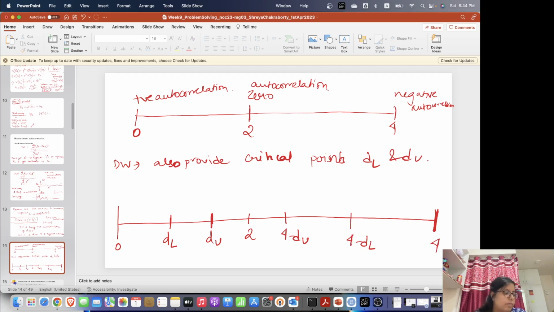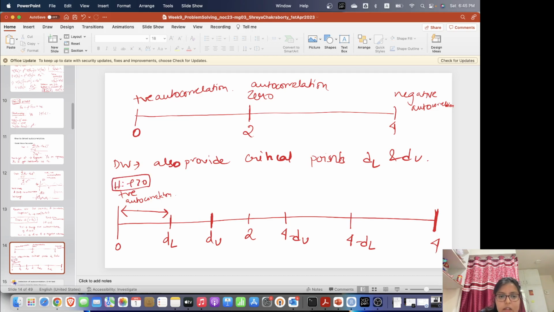So if we have something in this range, we would say that we have positive autocorrelation. Here we would support the hypothesis rho is greater than 0.